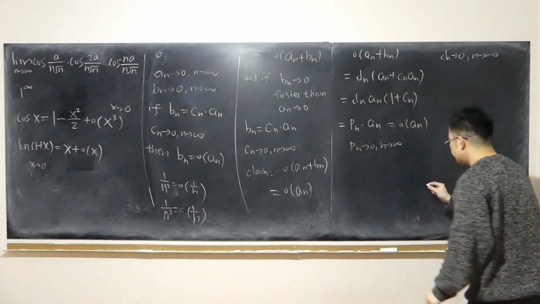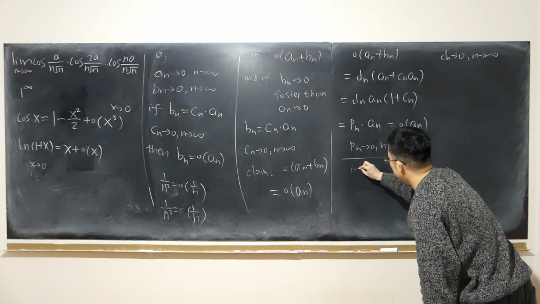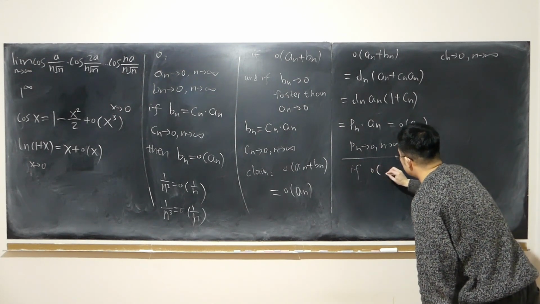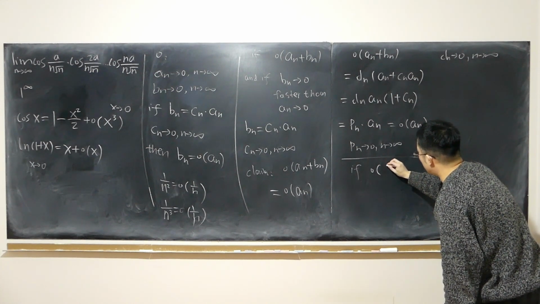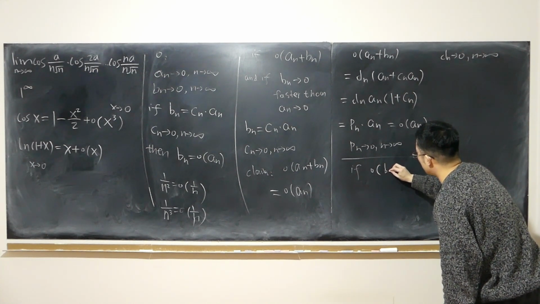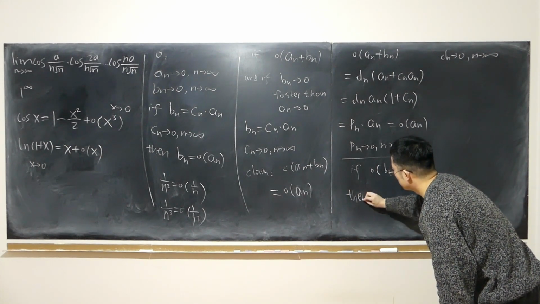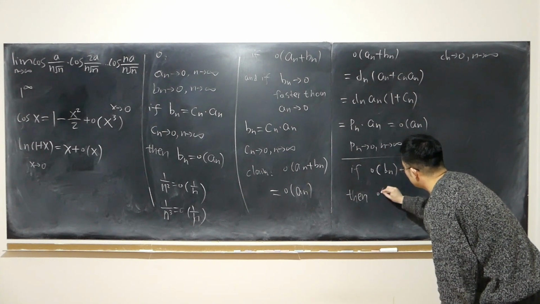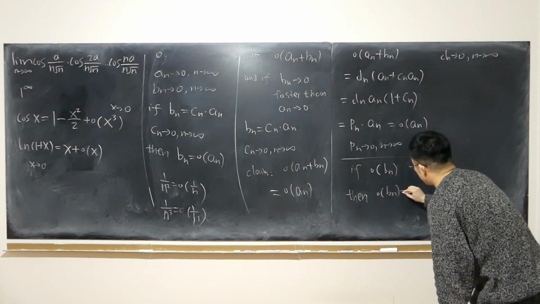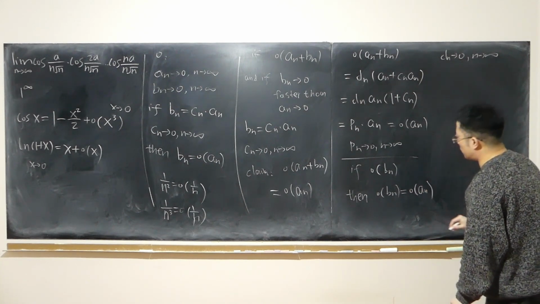And also the other fact: if we have little o of some faster guy, bn, then I can claim that little o of the faster guy can be written as little o of the slower guy.